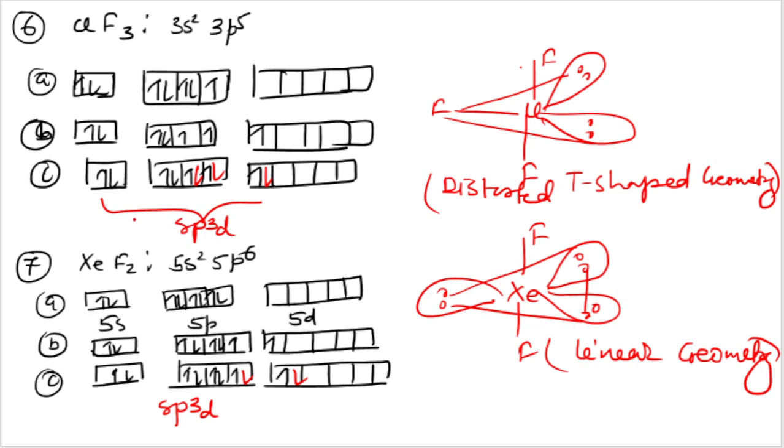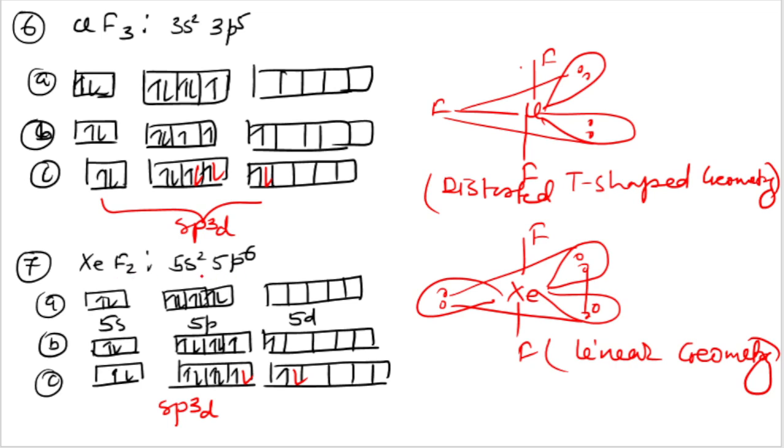Okay. So the hybridization is sp3d, with two lone pairs of electrons. So the geometry for this case is distorted, because lone pair repulsion is higher compared to lone pair-bond pair repulsion. So here is the distorted geometry, T-shaped geometry. Okay.